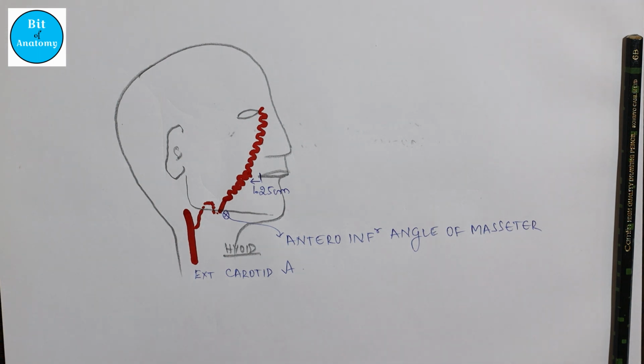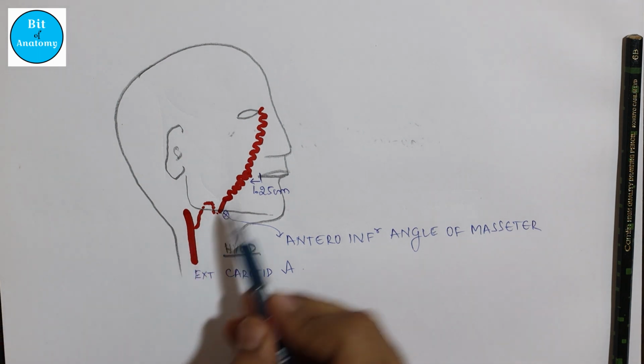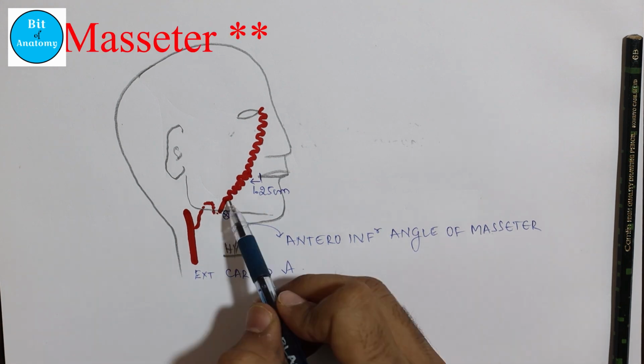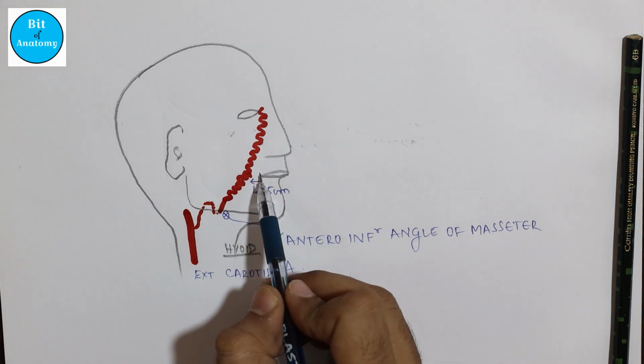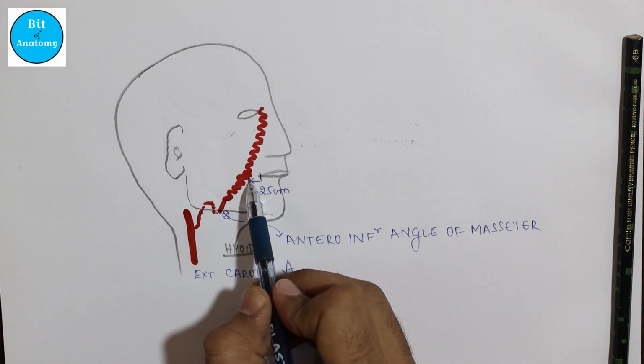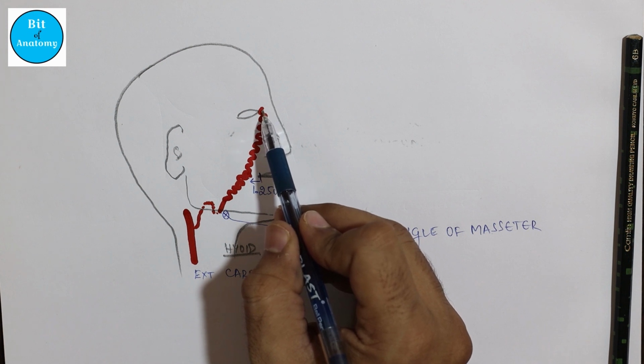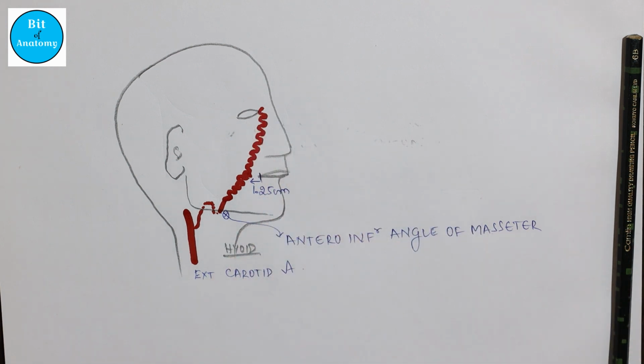So it enters the face, loops around the mandible, enters at the antero-inferior angle of the mandible, has a tortuous course, reaches 1.25 centimeter lateral to the angle of the mouth, then passes towards the medial angle of the eye where it will anastomose with branches like the supraorbital and supratrochlear arteries.